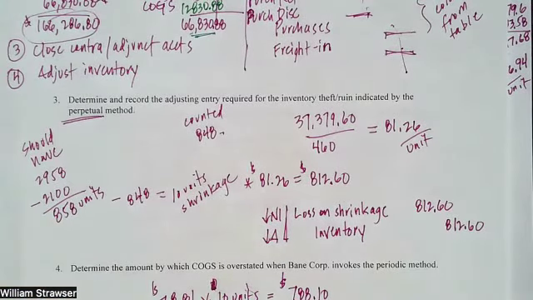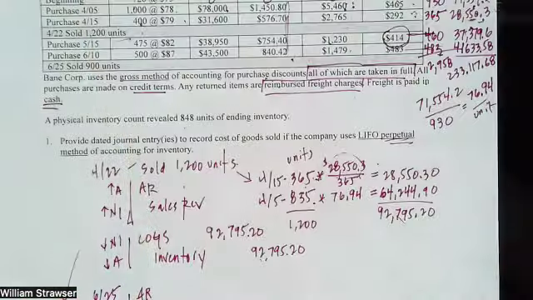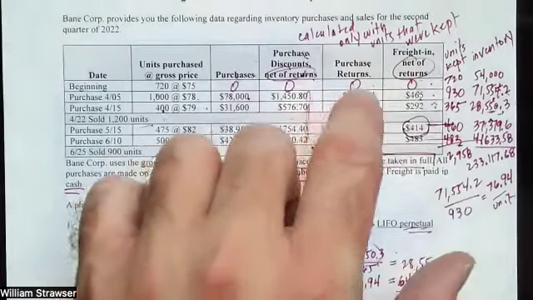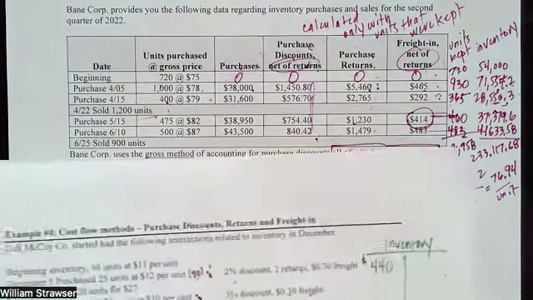One of the other problems I would definitely encourage you to work is example number 5 from chapter 8. Same process, same stuff. It includes purchase discounts, purchase returns, freight. It has purchase and sales, and it just does it with another format.